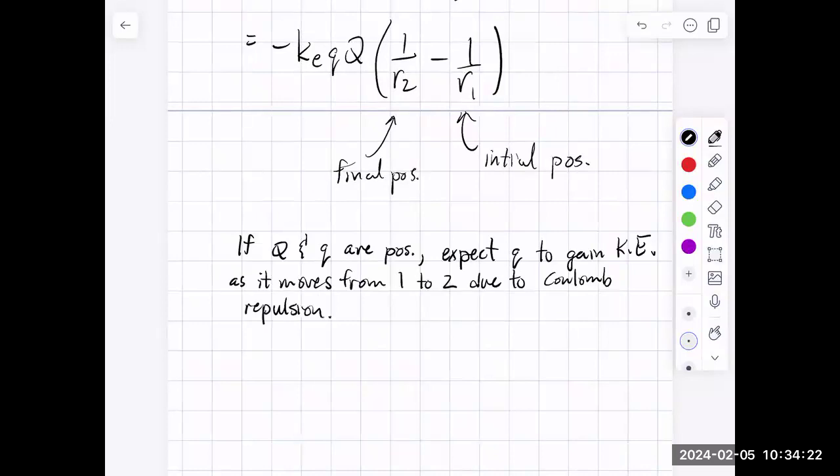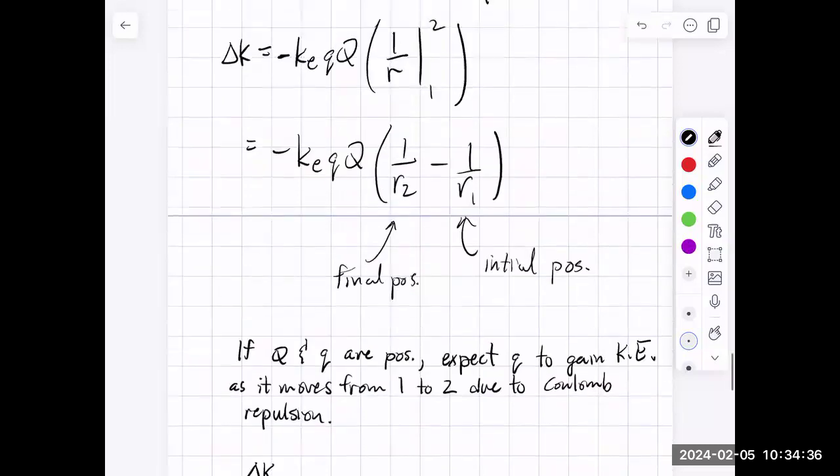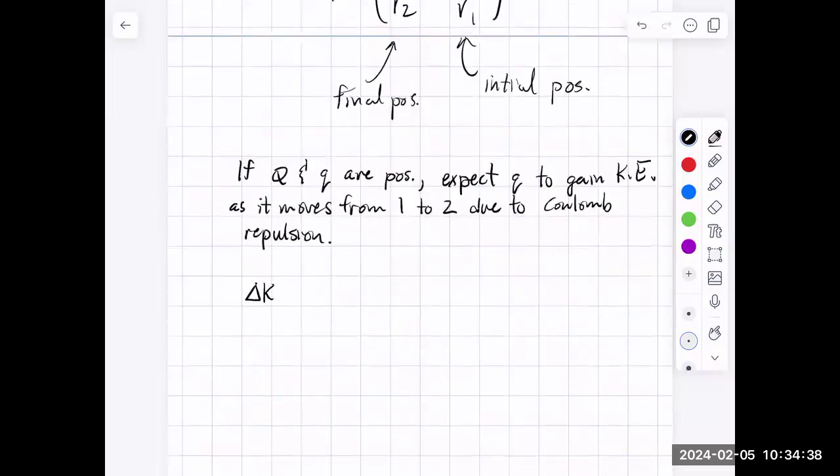The electrostatic force between these two charges is repulsive, so the large charge is pushing the little one away, and so it should be speeding up. So we want the change in kinetic energy, delta K, to be positive, because that would be 1/2 m v2 squared minus 1/2 m v1 squared.